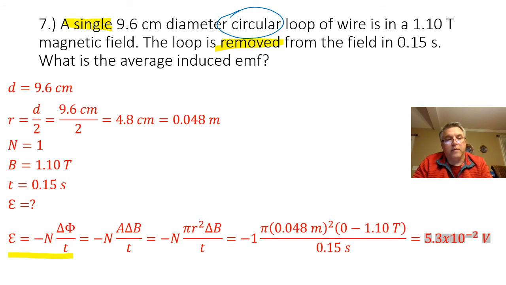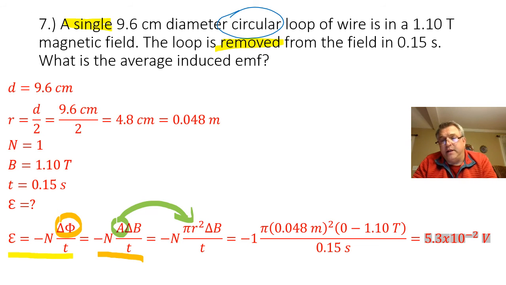I know that my change in the magnetic flux is equal to the area times the change in the magnetic field, so I can replace delta phi with A times delta B. And I know that my area is equal to 2 pi r. I'm sorry, not 2 pi r, that's circumference. It's pi r squared. So I can replace the area with pi r squared.